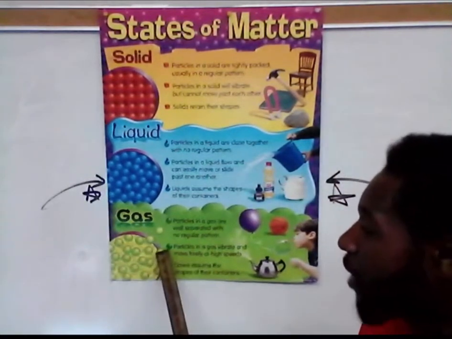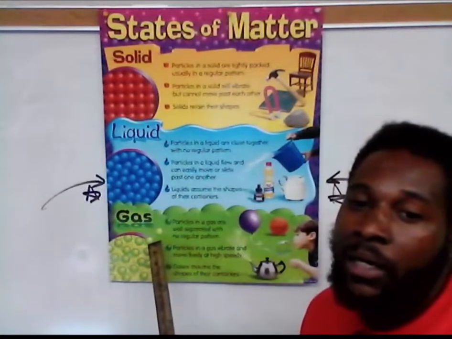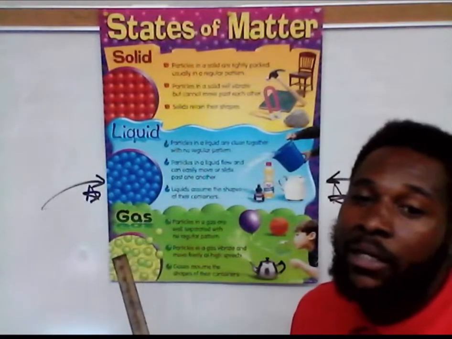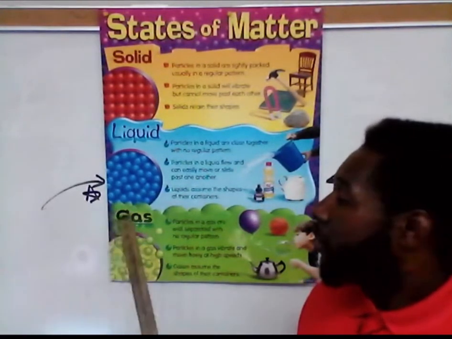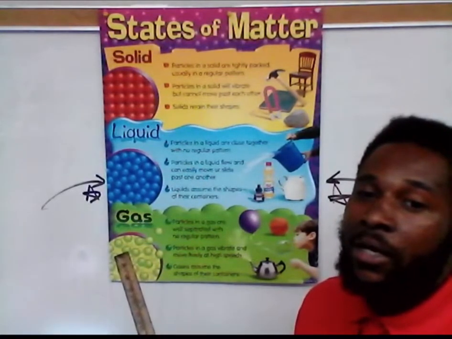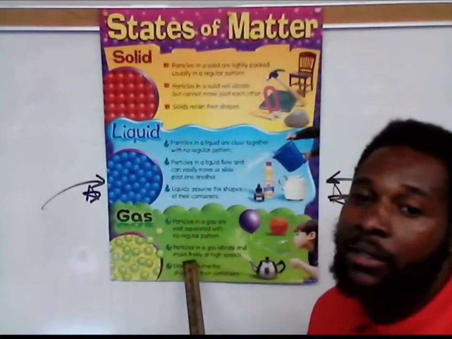Now, gases are constantly moving. You cannot capture them unless you have a container. Now, if I breathe, the gas is now being contained within my lungs. If I exhale, the gas has now left my lungs.